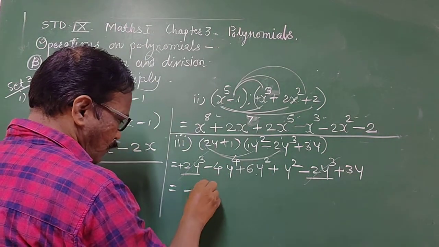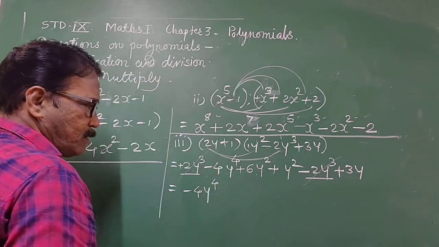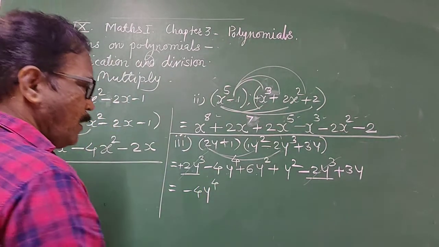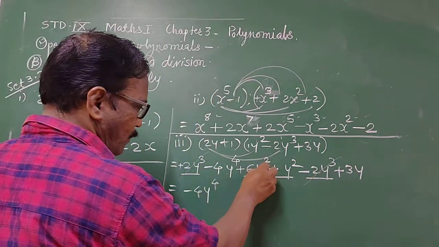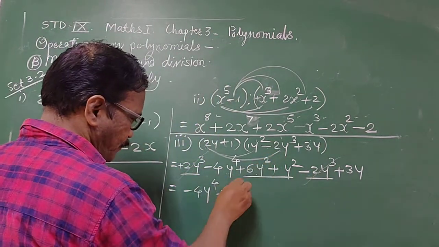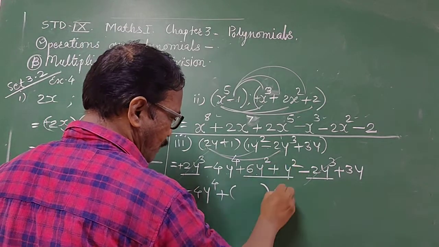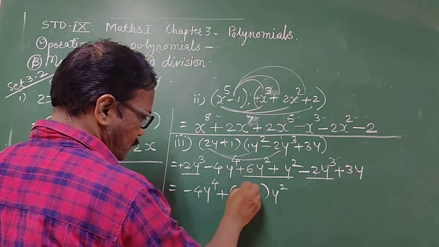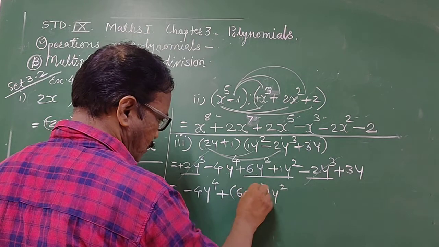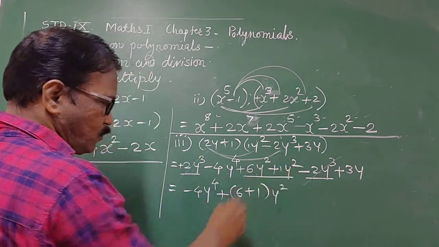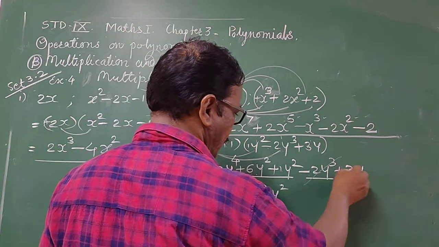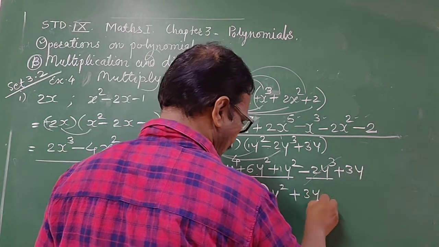Minus 4y raised to 4, this is the first term, and addition of these like terms, 6y square plus 1y square, taking y square common, 6 plus 1, and the remaining last term is 3y.